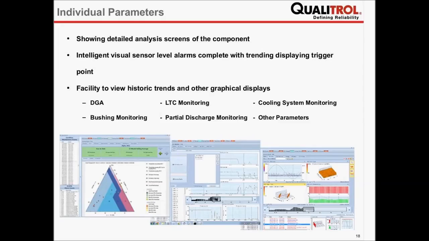If it is partial discharge monitoring, I should see if there is any partial discharge signal inside the tank, and if there is, what type of partial discharge signal it is. So all kinds of PRPD related screens and PRPS related screens should be there in that section, and other parameters like temperature, pressure, and other stuff.